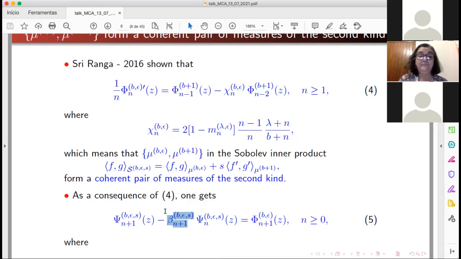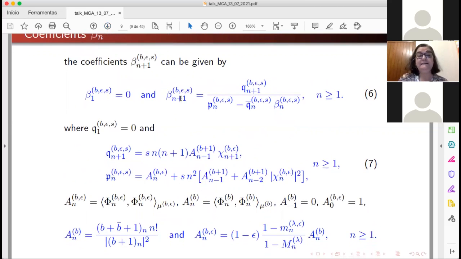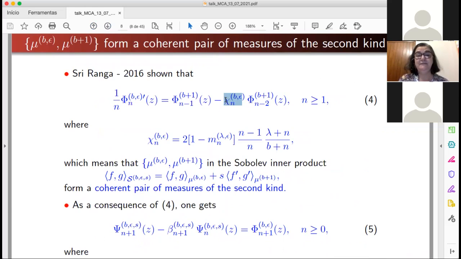Actually, these coefficients beta are called connection coefficients, and in this paper, they were given by this recurrence here. They proved that beta 1 equals 0 because they are both harmonic, and beta n plus 1 can be written in terms of beta n. Here, these coefficients Q and P are given in terms of the coefficient in this relation here.